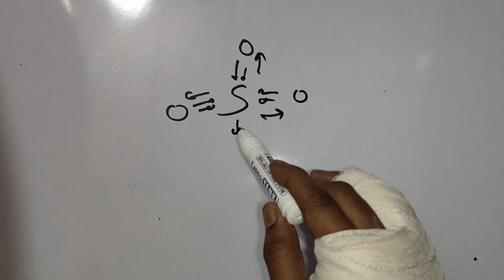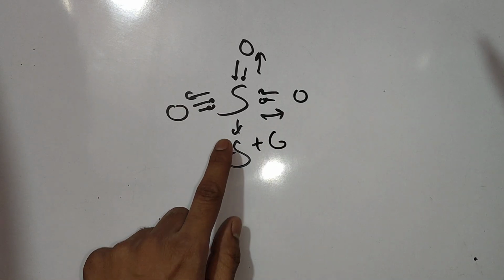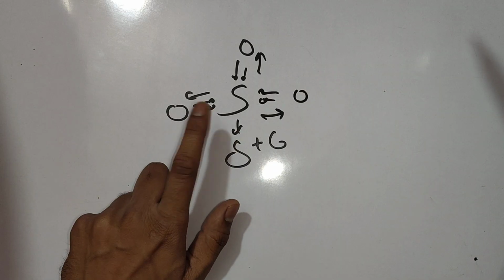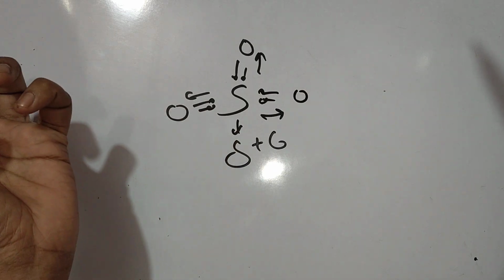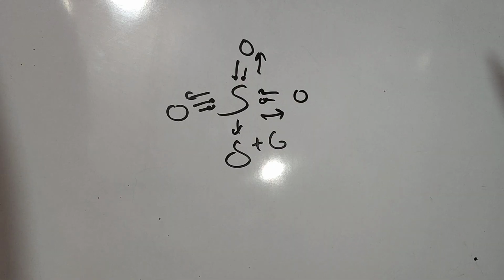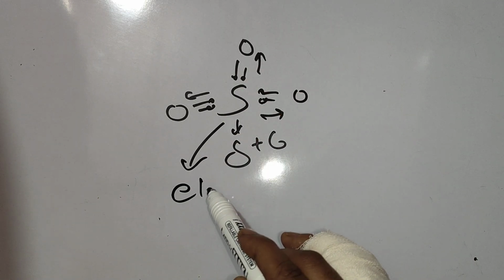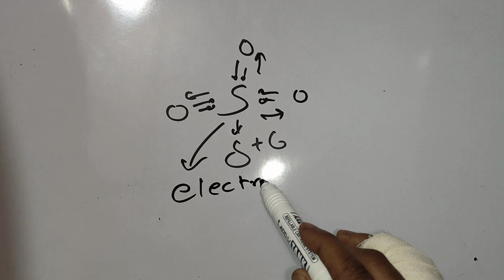So this sulfur is carrying a partial plus 6 charge. Partial plus 6 charge will make this sulfur highly electrophilic, meaning it has the power to attract electrons. So that's why this sulfur works as an electrophile there.